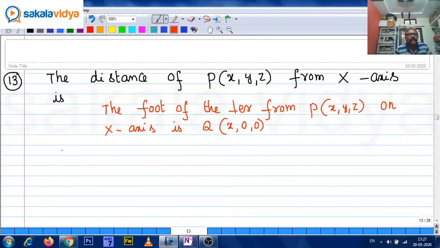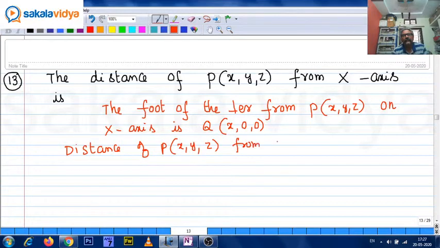So now the required distance of P(x, y, z) from the x-axis is equal to the distance between these 2 points. That means x minus x is 0, y minus 0 is y square, z minus 0 whole square is z square. So you get the square root of y square plus z square.